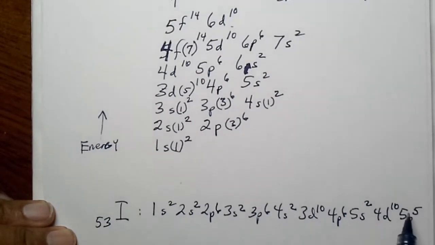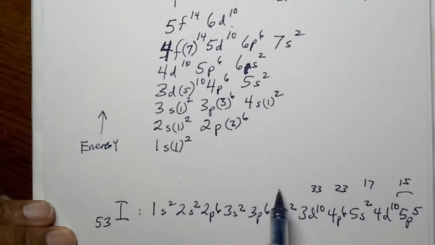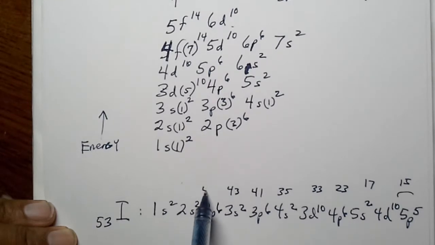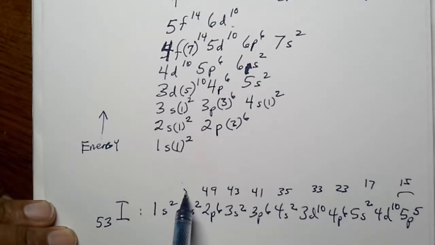Alright, so if we went back and added these up, that's 4, that's 6, 12, 14, 20, 22, 32, 38, 40, 50, 53.